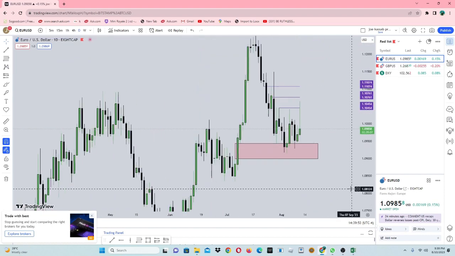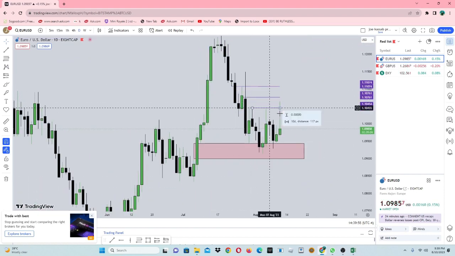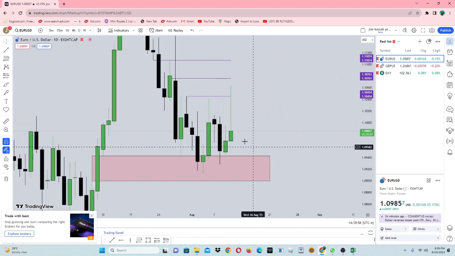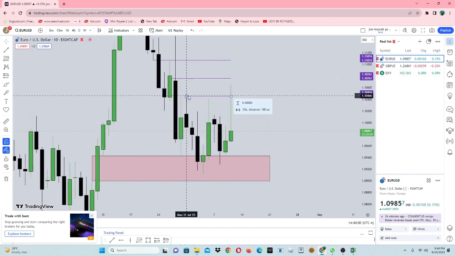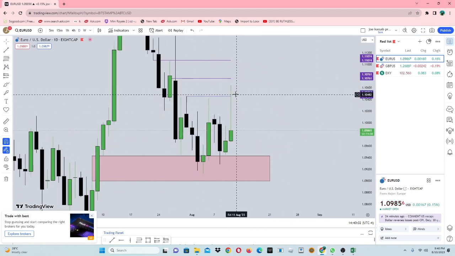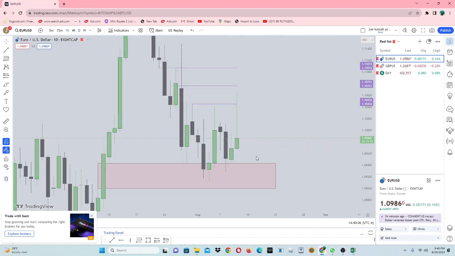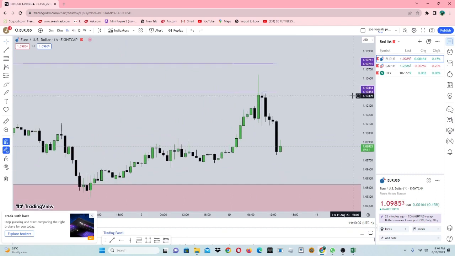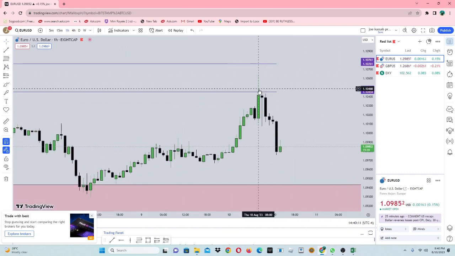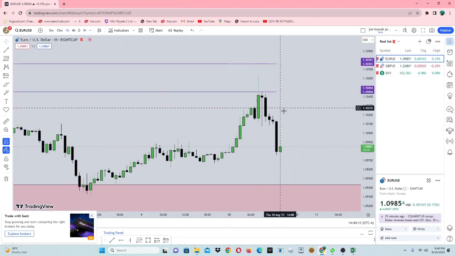Now, my target was this weekly fair value gap. As you can see, we took liquidity from here, we hit the fair value gap, and there was immediate rejection. We closed below the fair value gap.